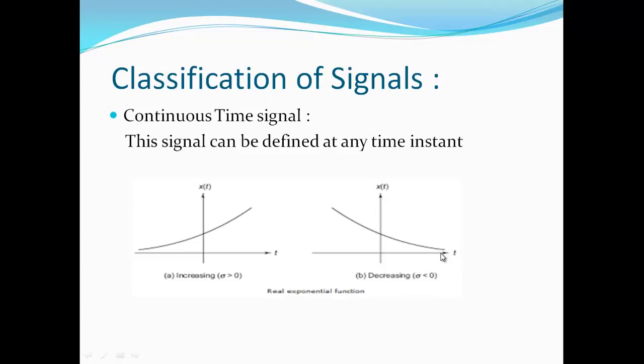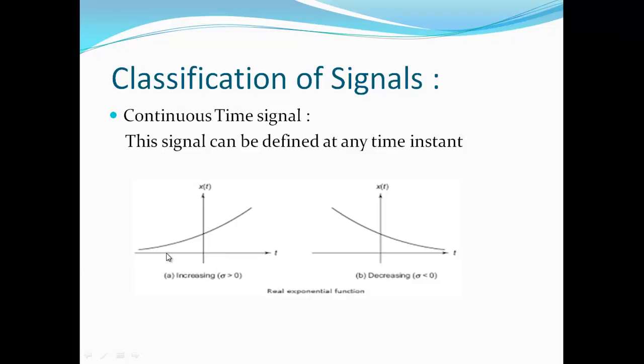In the last class I also told you what a continuous time signal is. This signal can be defined at any time instant. This axis, you will see, is continuous. So there is no break on this time axis.